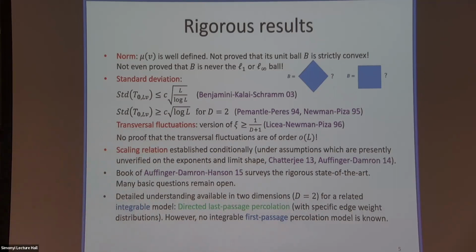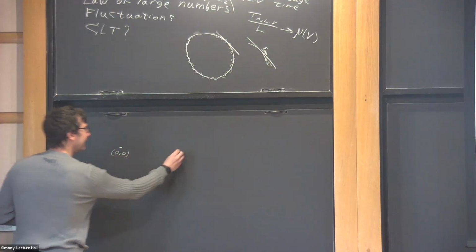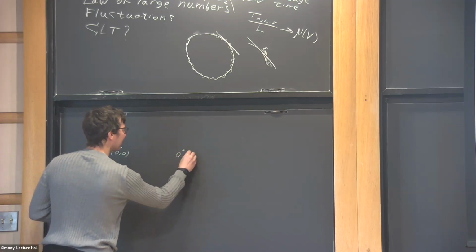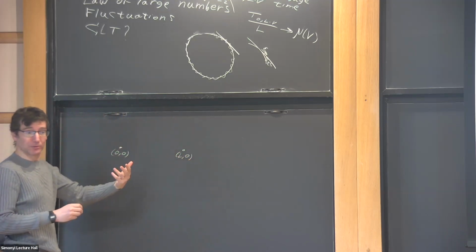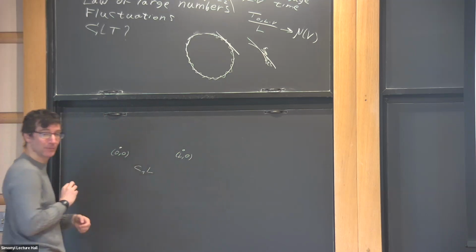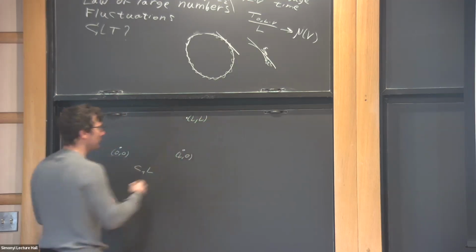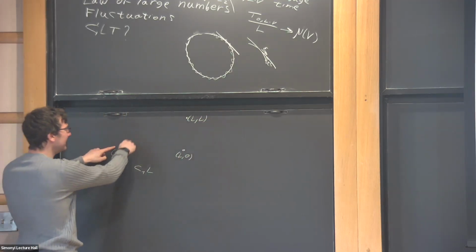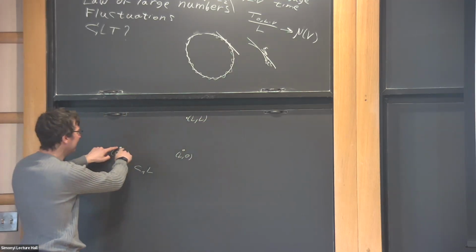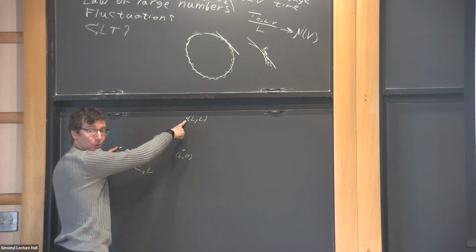So let me just explain to you how ridiculous this is by giving an example. If you start in 2 dimensions from 0, 0, and you aim to go to L0, well, to the first order of magnitude, this costs you some cost, C1L. Now, suppose you want to go to LL, which a priori, you'll need many more edges to get there, because the minimal number of edges to get here is L, minimal number of edges to get there is 2L.